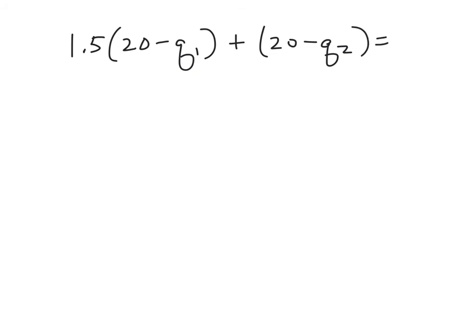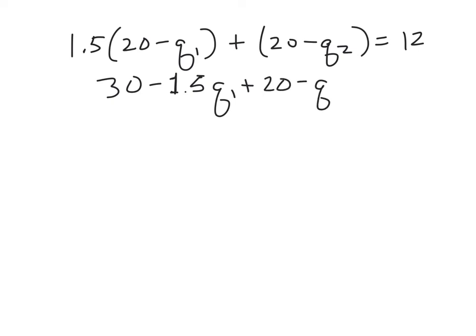We know that the total there has to equal 12 parts per million. And we can simplify 1.5 times (20 minus Q1), pardon my handwriting, plus 20 minus Q2 equals 12.